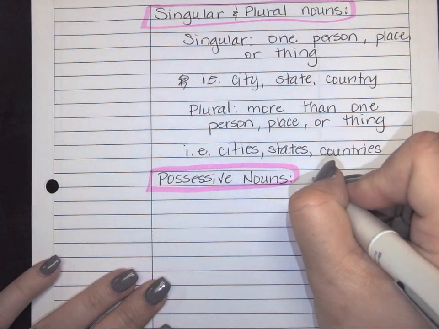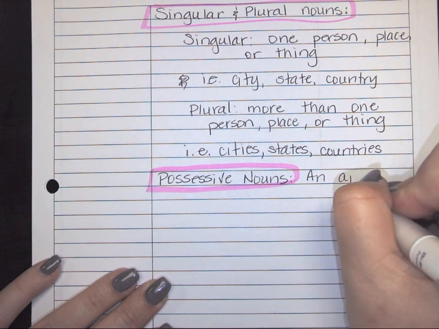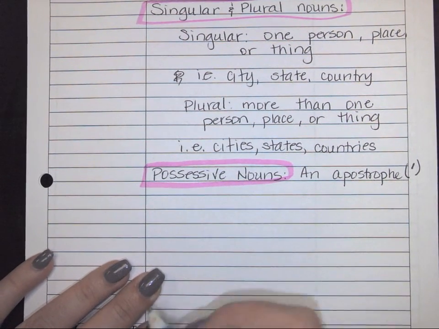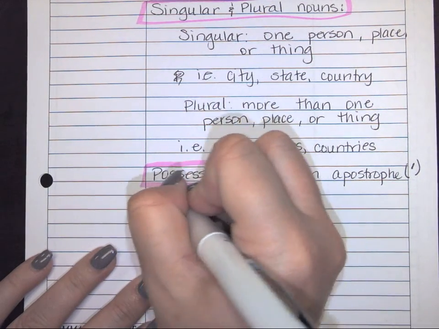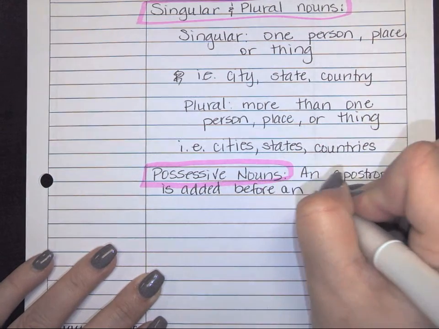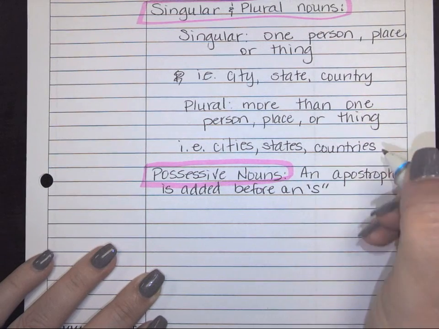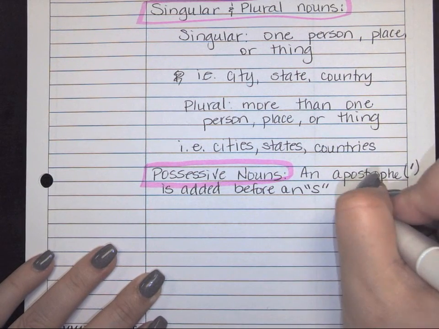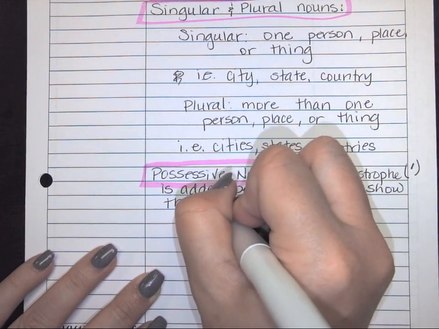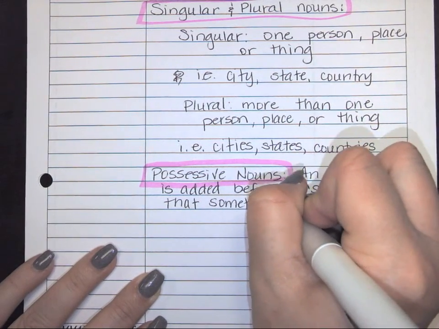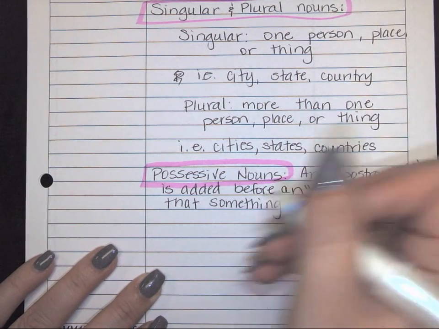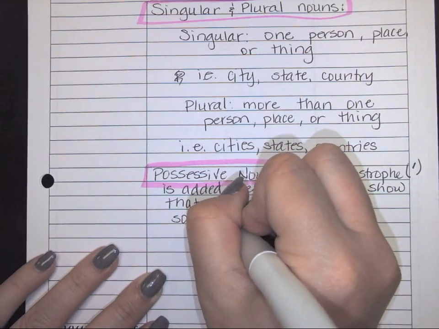So, for possessive nouns, an apostrophe is added before an S to show possession, or to show that something belongs to someone or something.